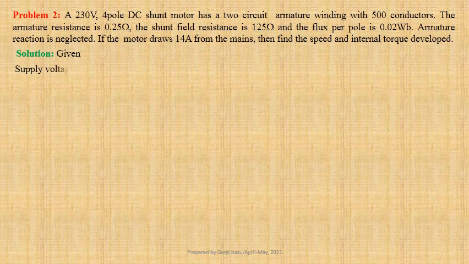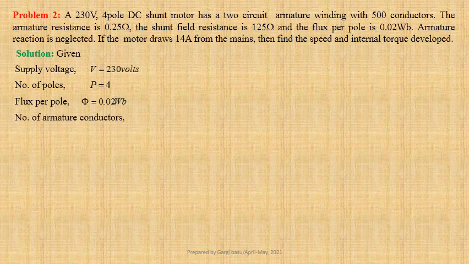Supply voltage V equals 230 volts. Number of poles of the motor P equals 4. Useful flux per pole phi equals 0.02 Weber. Number of armature conductors Z equals 500.